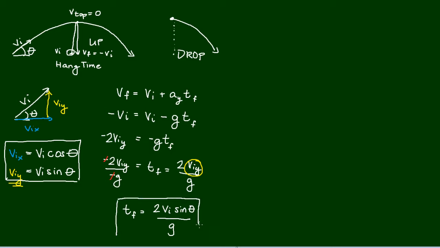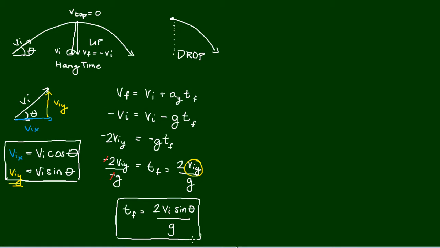So this is the formula in order to get your time of flight. Take note, g in this case is positive 9.8 because we know that Viy, or the Vi it was launched, is positive, and thus time of flight has to be positive. It cannot be negative. Time doesn't go backward, and thus time has to be positive.